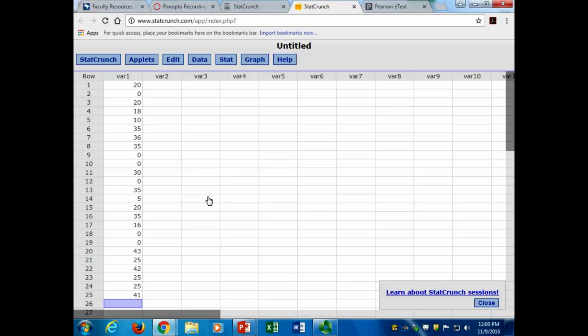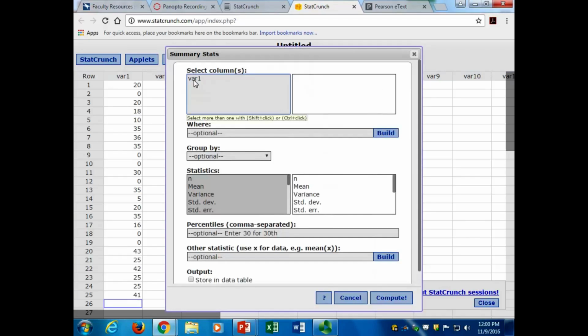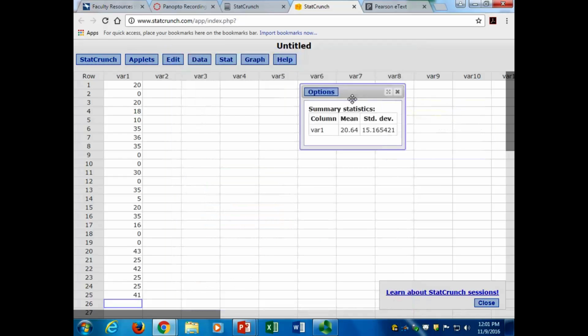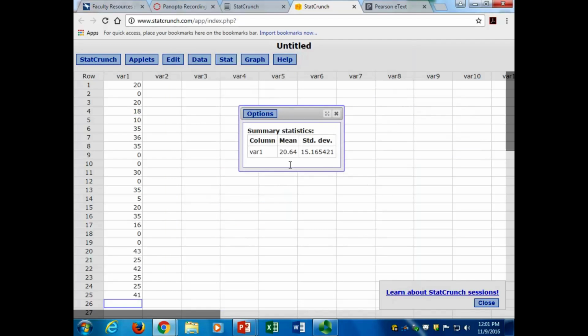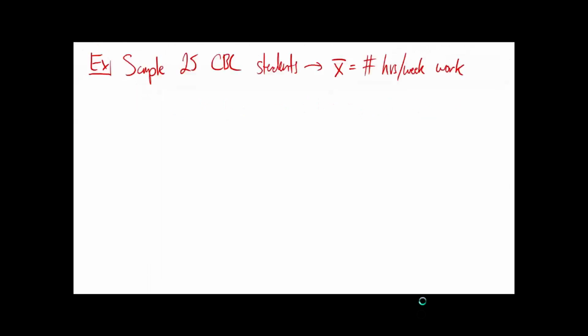So we got the sample. Let's say you guys are 25 randomly selected students. I'm going to get our sample mean and standard deviation. In our class, you work an average of 20.64 hours with a standard deviation of 15.17.